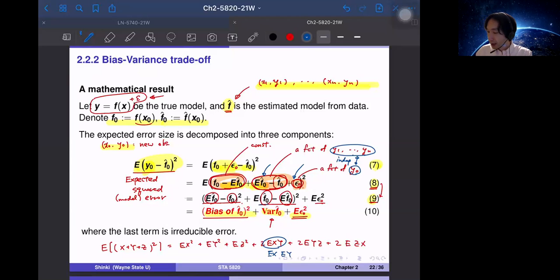In this case, the expectation is 0 for the second term and the third term, so E of y equals 0 and E of z equals 0. So these cross terms disappear, they are 0, 0, 0, and only these 3 terms remain. The first term is called the square of bias. The second term is called variance, by the definition of variance: the variance of f hat. And the third term is called irreducible error.